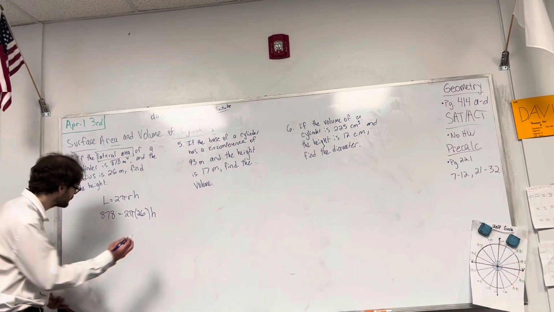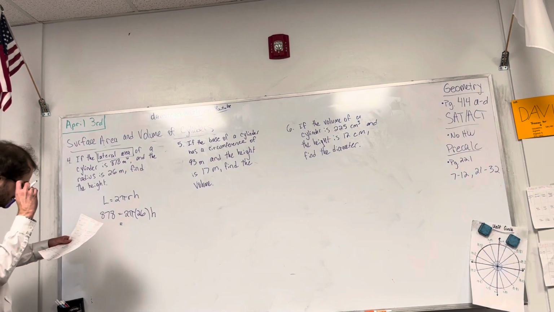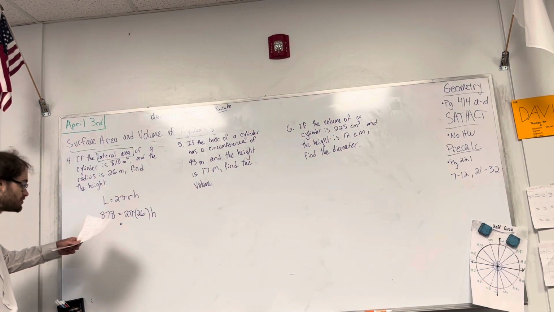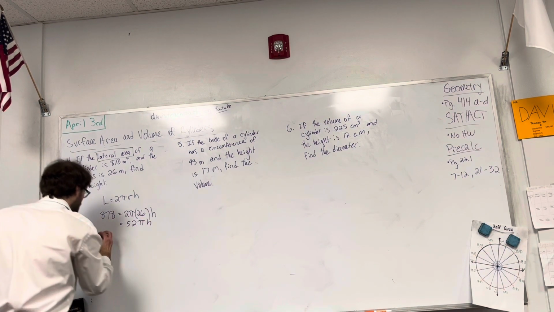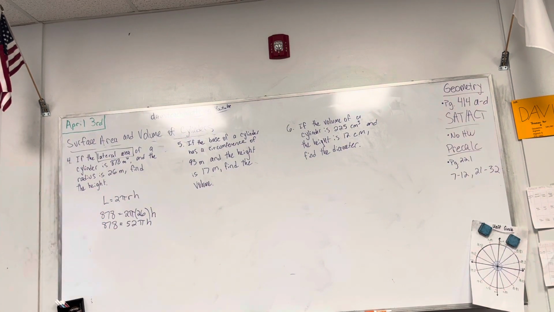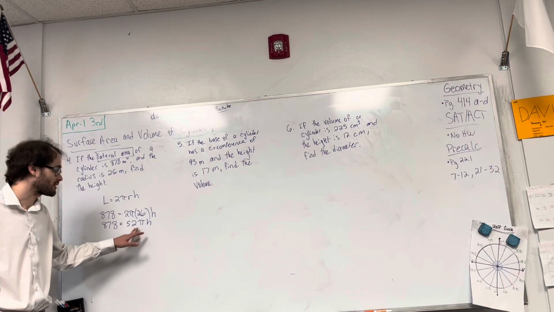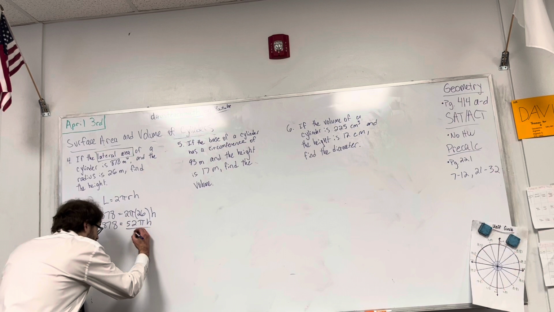All we got to do here is distribute this. I got to multiply. Oh goodness, I lost my spot on the page. There we go. That's going to be 52 pi h, all equal to 878. And to get the h by itself, no trouble. Over here I have a product of terms. So I do the opposite and divide out the ones I don't want anymore.